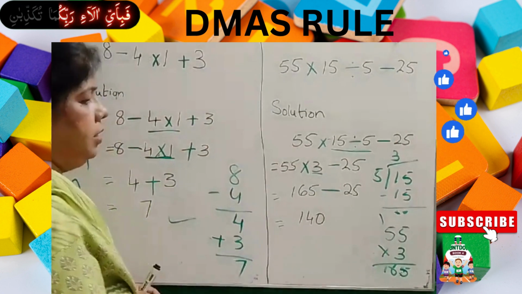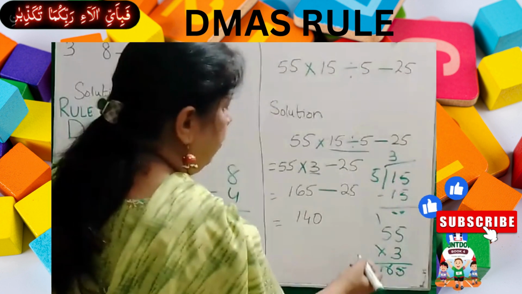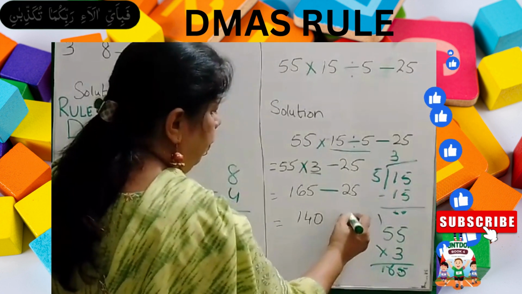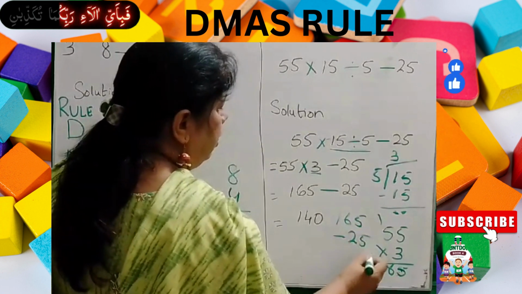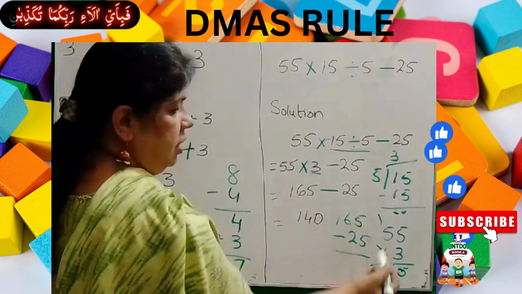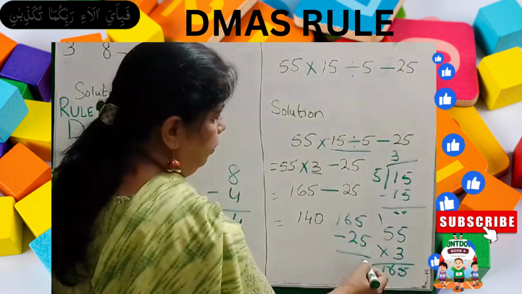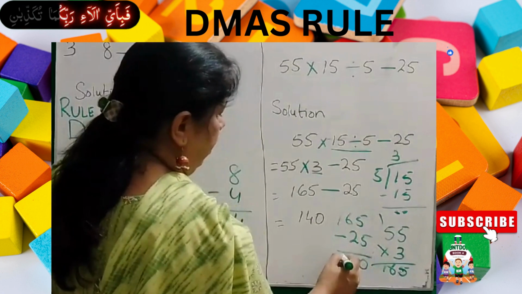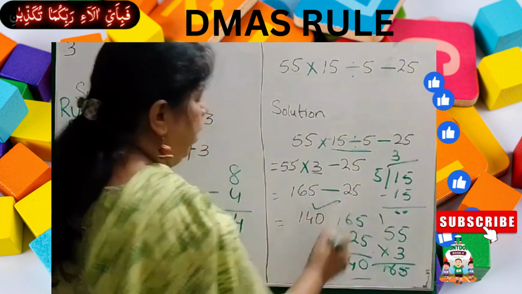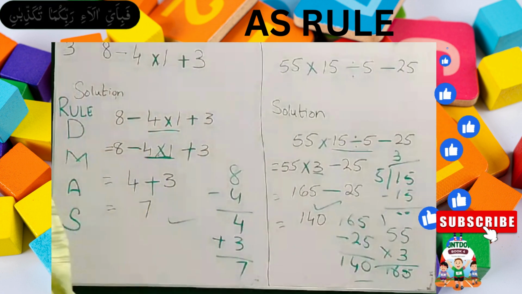You got 165 and subtract 25. 165 minus 25, right? So if you just subtract this, 5 minus 5 is 0, 6 minus 2 is 4 and 1 here, right? So we got 140 and that's it.